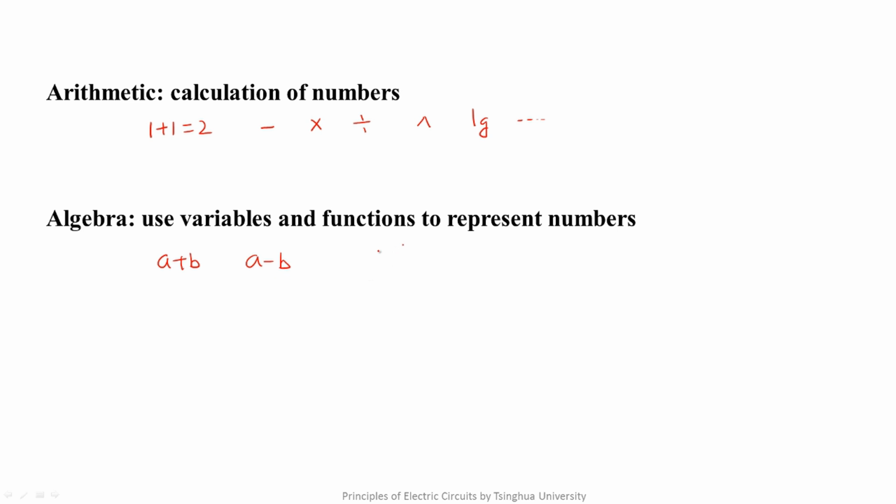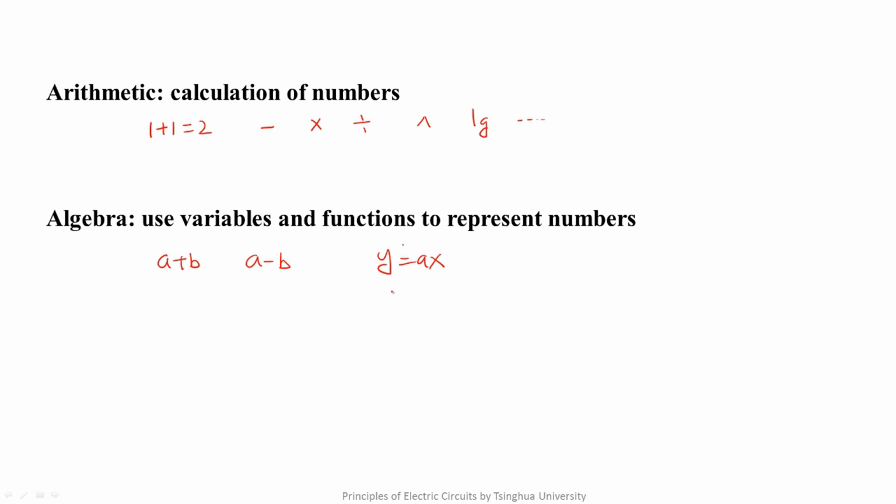Similarly, we use y equals a times x to represent a function. This is a function of x, and a is a given value. These are the variables and the functions. All of them are algebra.